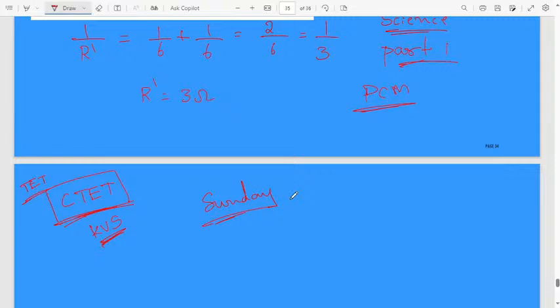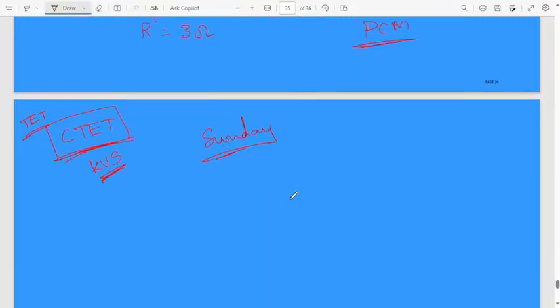And also tell me one piece of information. Some of my friend is asking: she has completed MSc BEd, and she is writing paper 1 and paper 2. If she cleared paper 1, would she be eligible for 1 to 5th primary teacher? Tell me that, I don't know about that.